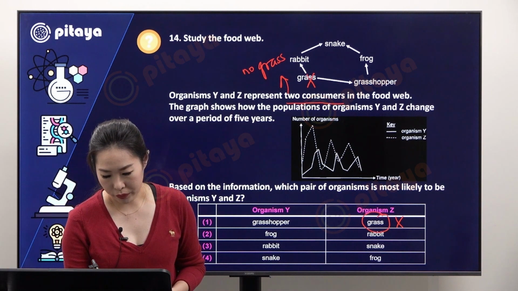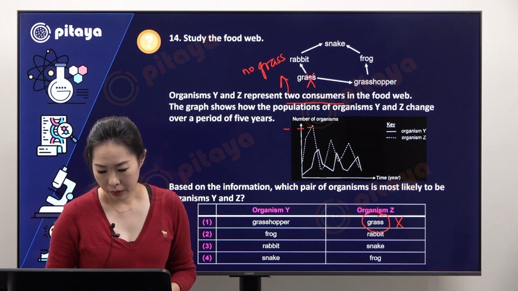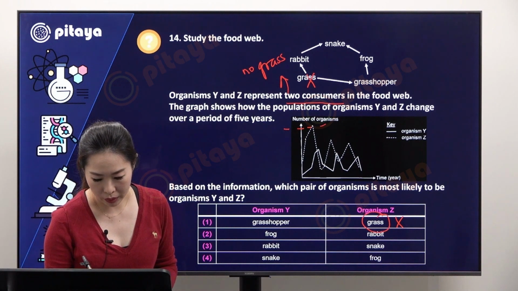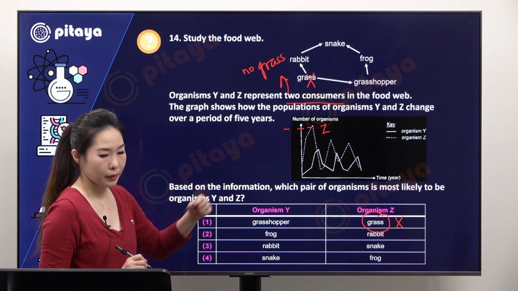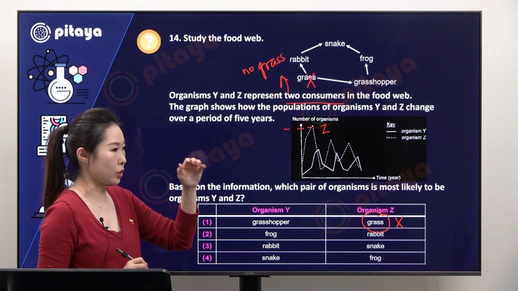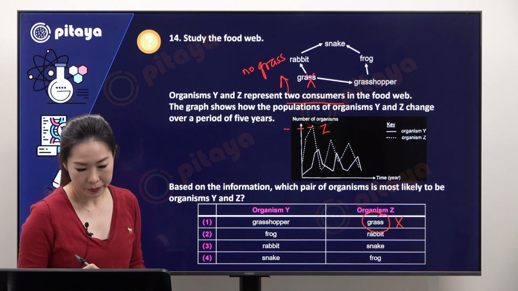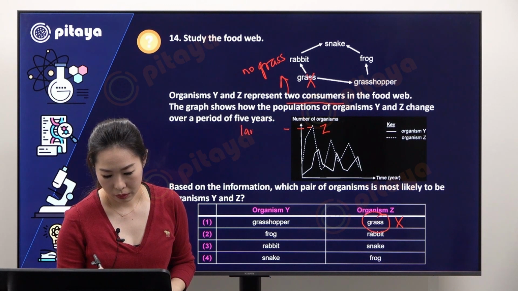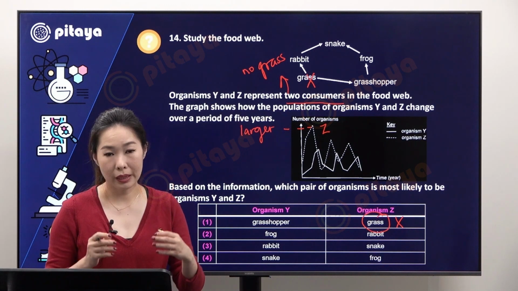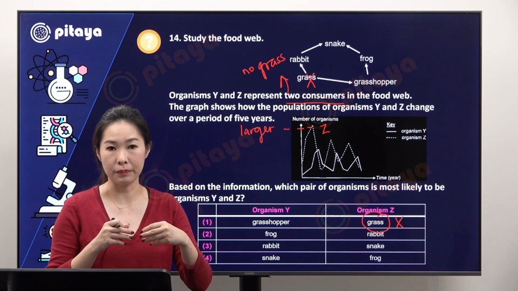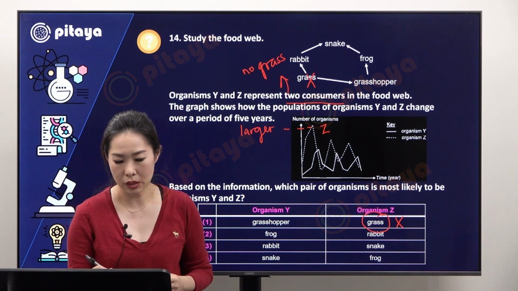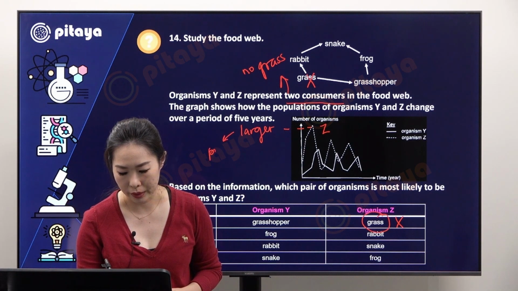In this graph that we can find, organism Z, the one that has the dotted line, has a higher population over time compared to organism Y. So the larger the population size of an organism, the more likely it shows that this organism is a prey.